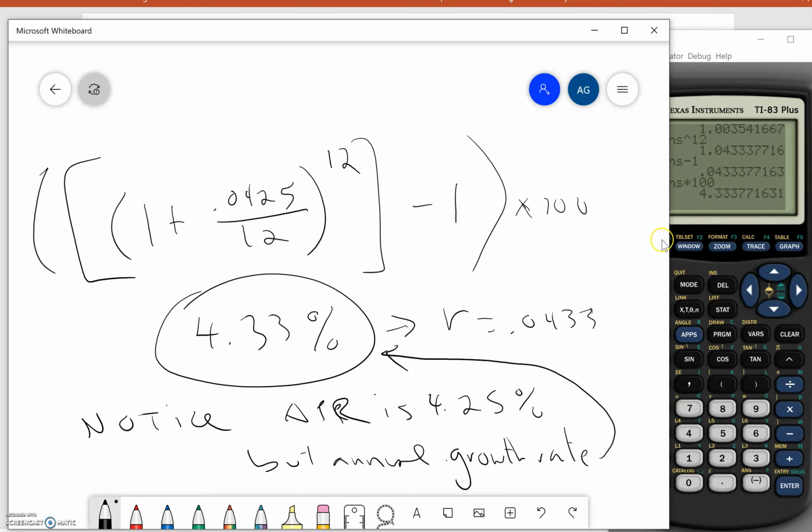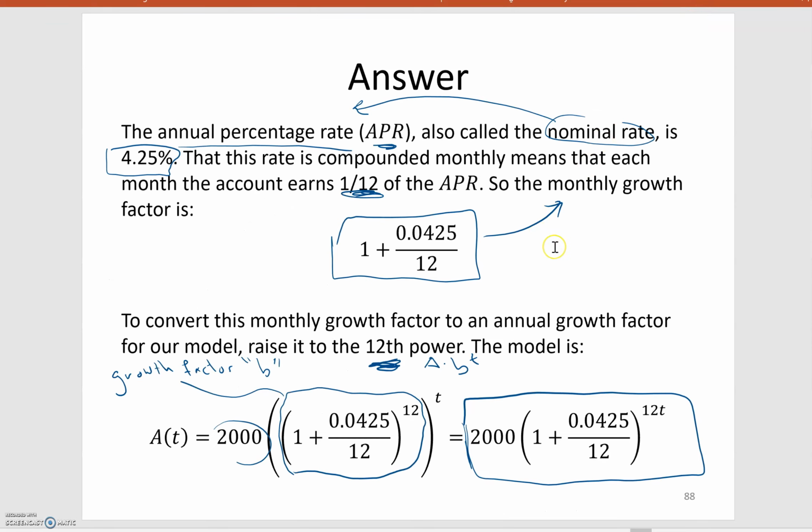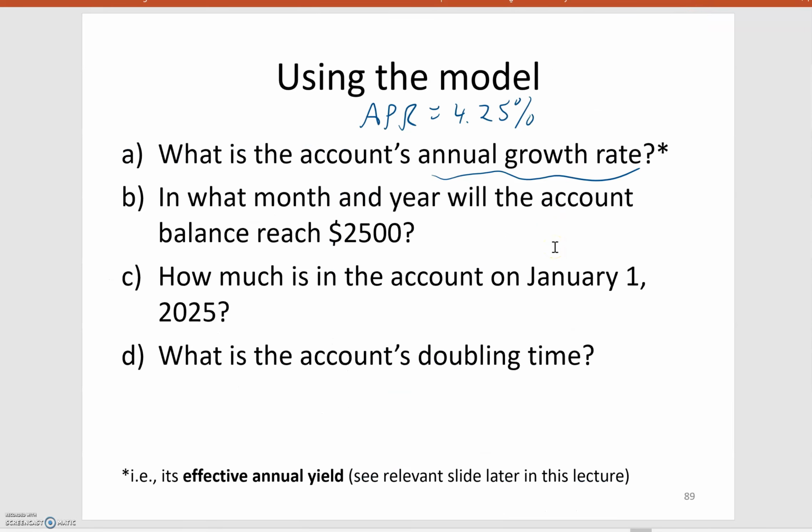This actually has yet another name. You may have noticed it on the slide. Let me go back to that. The other name for this is called the effective annual yield. So leave it to financial stuff to have many different names for the same thing, right?